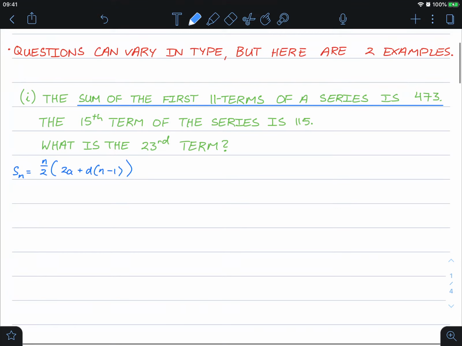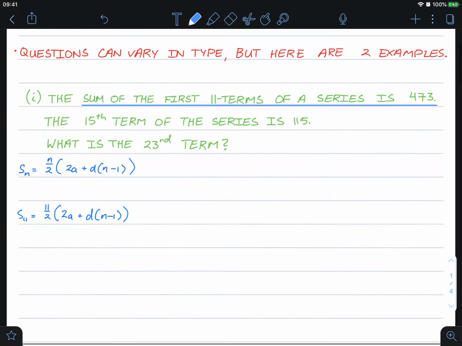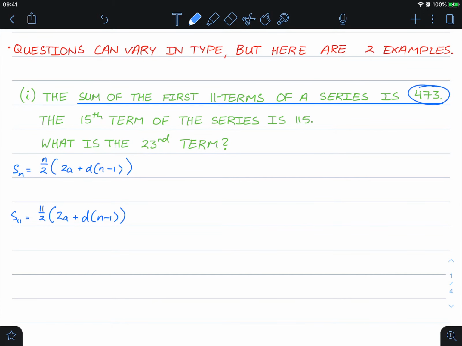So now it says the first 11 terms, so S of 11 is equal to 11 over 2 times (2a plus d(n minus 1)). And it says that the sum of this is 473.